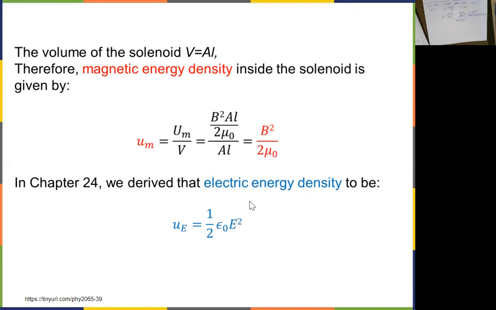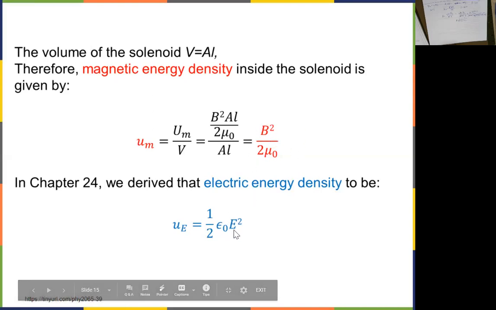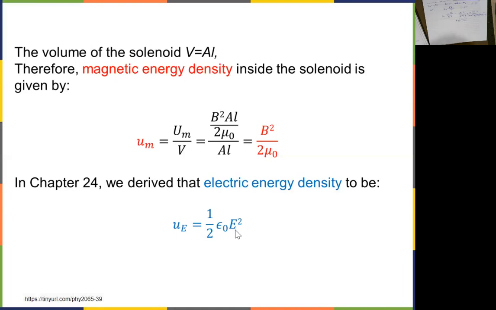So this is similar to the electric energy density. If you have a magnetic field, the magnetic energy density is proportional to B squared. If you have an electric field, it's proportional to E squared. In this case, mu naught is in the denominator, while epsilon naught is in the numerator.